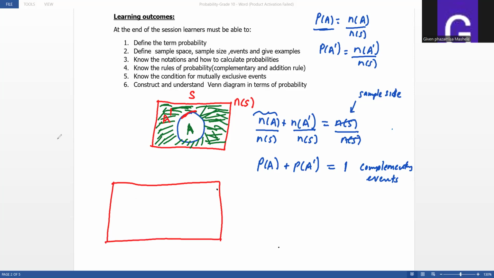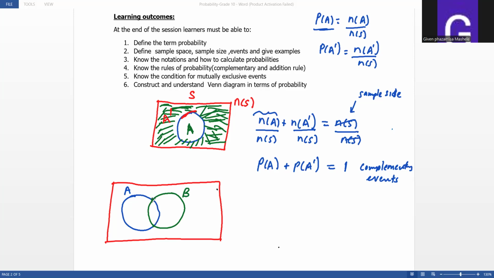Let's call this event A and another event, let me use a different color, let's call this event B. If you look at the 2 events, there is a point where the 2 events intersect.